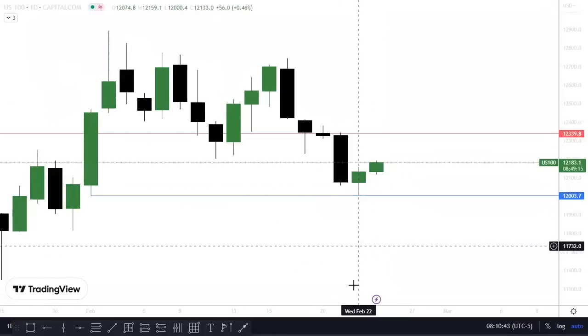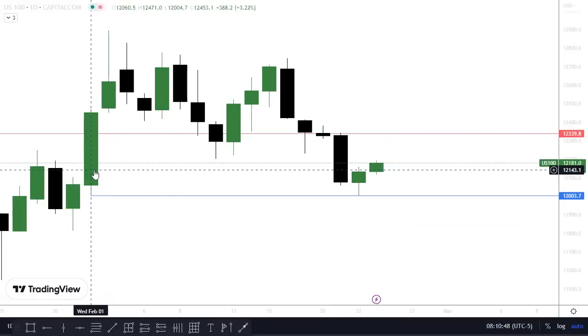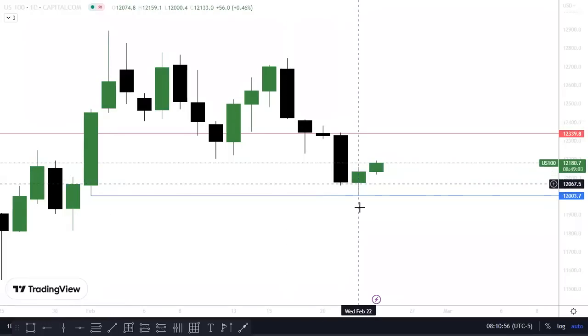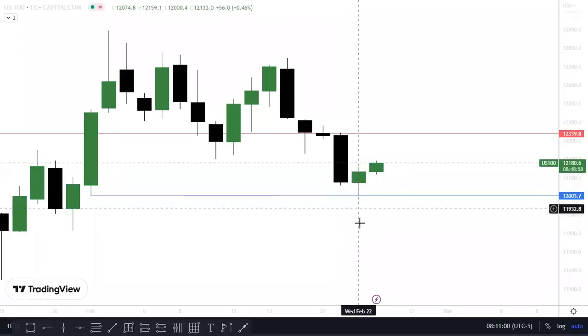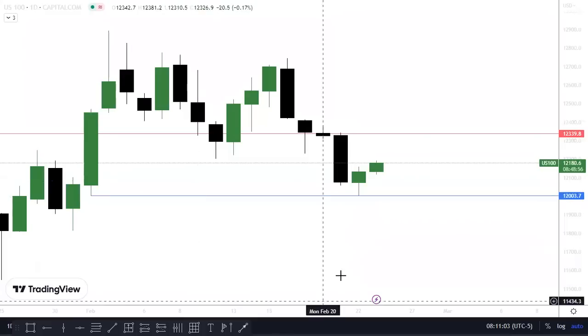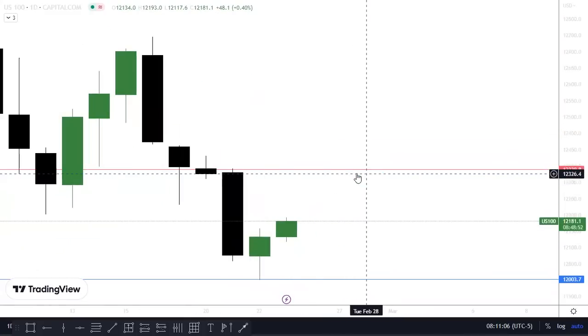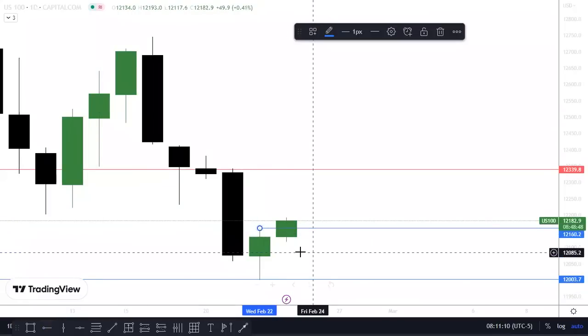So right now, we can see that price traded into the low of this candle, which is the failure swing. 12004.7, so a little bit below it. Failed to close below. So as usual, once we fail to close below, anticipate run on previous day's high. So the drawn liquidity is now that.